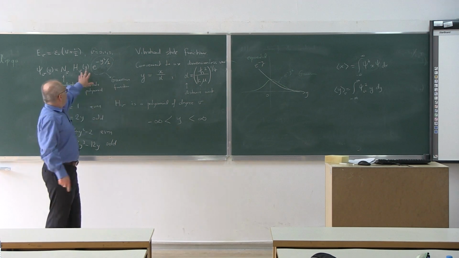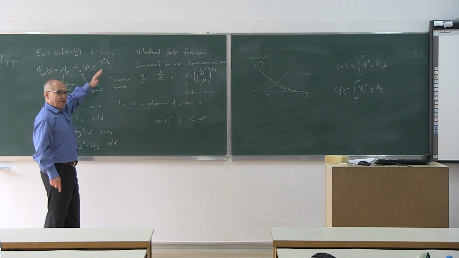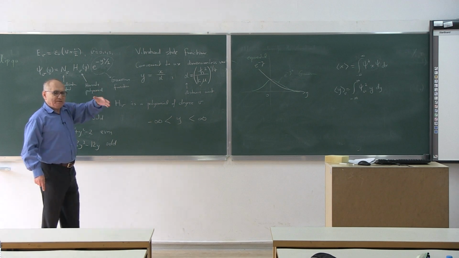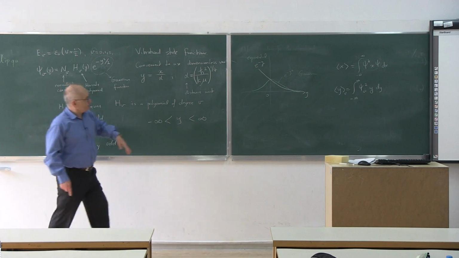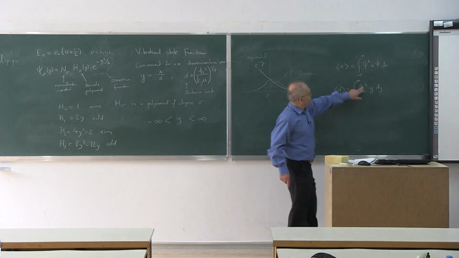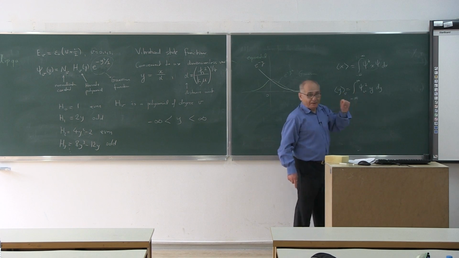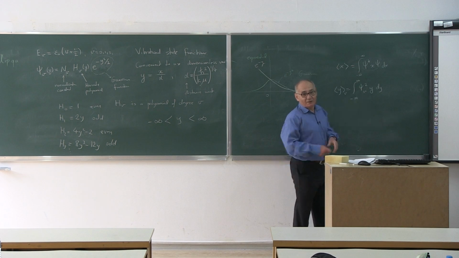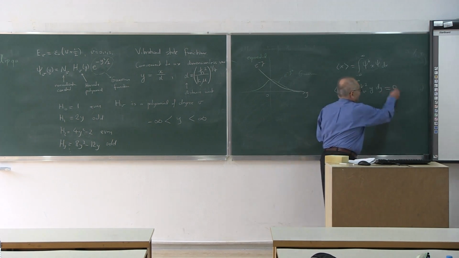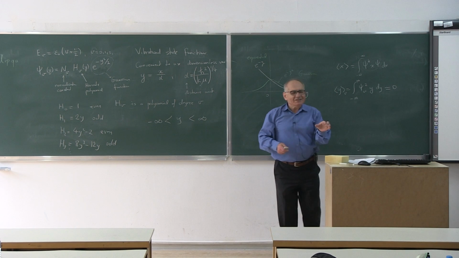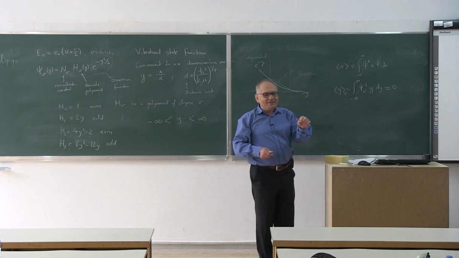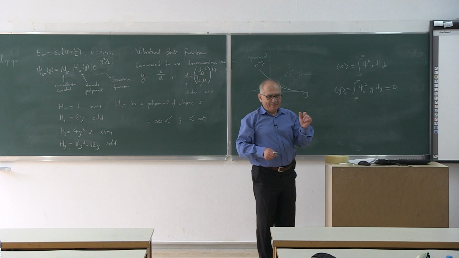Whether psi can be odd or even, when you take the square of it, it's always even. So psi square is even. But y is odd. Odd times even gives odd. And the integral of an odd function over all space is 0. So this saves you from doing the integration explicitly. So it's very useful information.